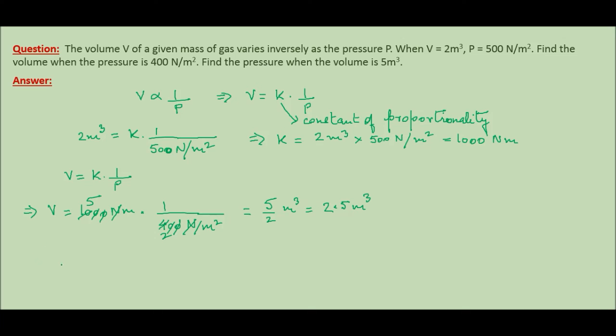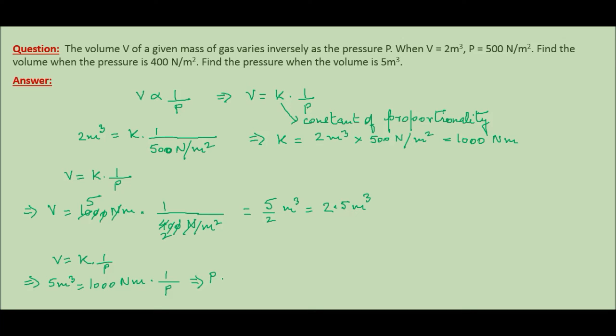And coming to the second question, now we have to find the pressure. So again we write the equation, that is V equal to K times 1 by P. And in place of V, we write 5 meter cube. In place of K, we will be writing 1000 Newton meter. And this P will be kept as it is.